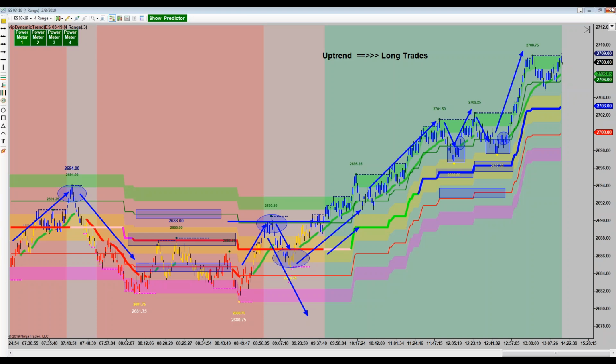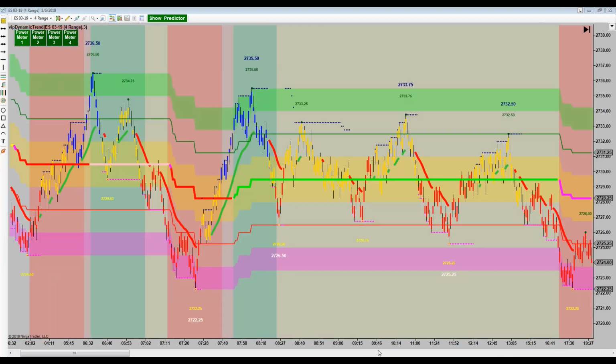Everybody ready? Once again, you can type in a T if you're not sure what type of trade. If you think it's a sell short trade, you type in S, right? If you think it's a long trade, you type in an L. Here we go. All right, starting right now.